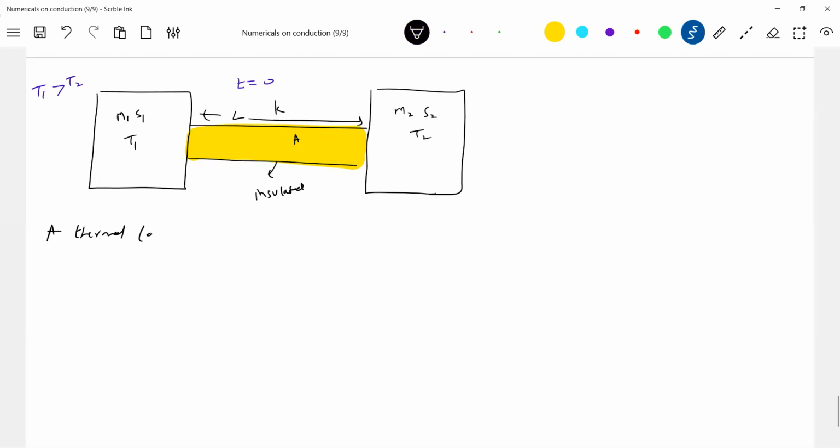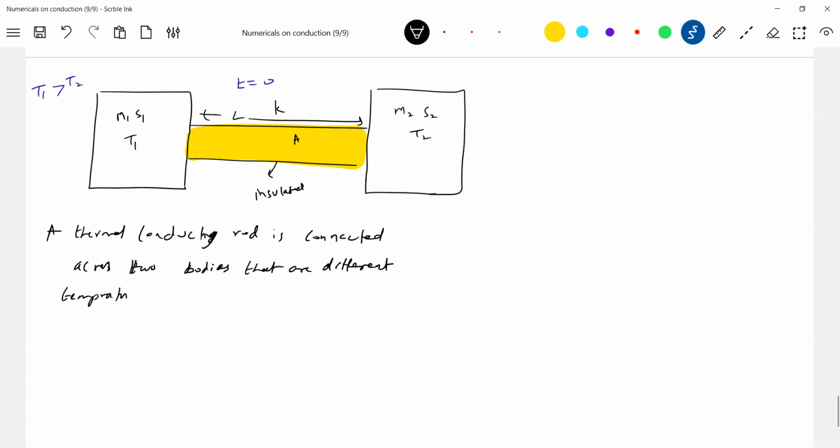A thermal conducting rod is connected across two bodies that are at different temperatures as shown.